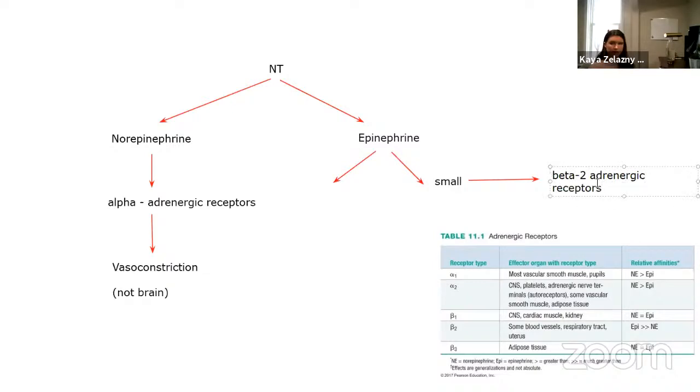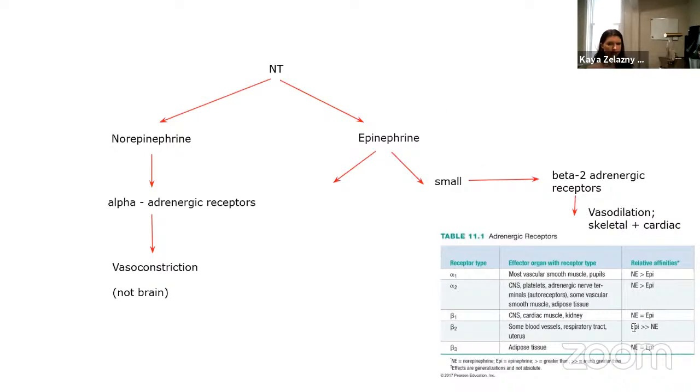And the overall effect here of those beta 2 adrenergic receptors is vasodilation. And this is specifically happening in skeletal and cardiac muscle. So for small amounts, we're dilating our blood vessels in the skeletal and cardiac muscle.